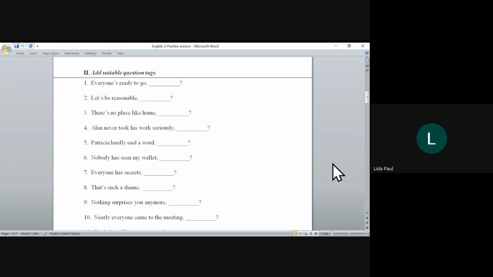Sorry, what is it? Come again. "Does anything". So you can say those things grammatically, but the more suitable method of doing that would be to say, nothing surprises you anymore, does it? Okay. Does it?